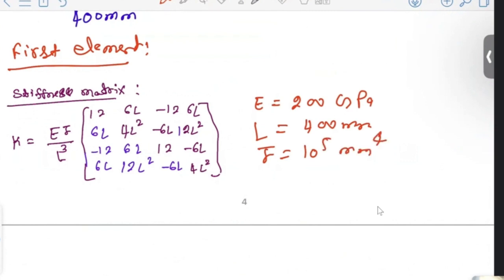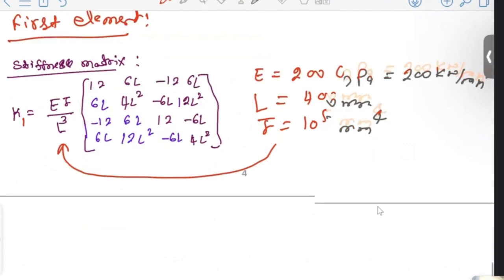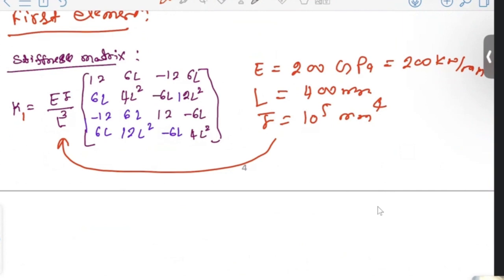So in terms of kilonewtons, it will be 200 kilonewton per square mm. Now by putting all these values in this stiffness, for the first element the stiffness will be K1.